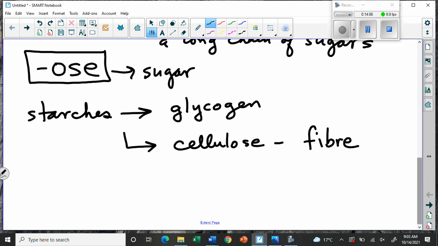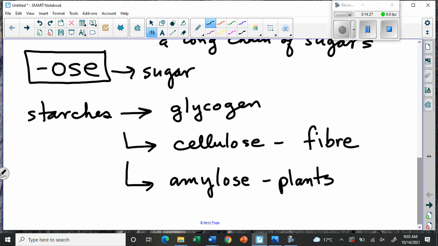So it's kind of an important one. Okay, there is one more that we can talk about. It's called amylose. And this is the kind of starch that a lot of plants make inside them. We'll get to that later.